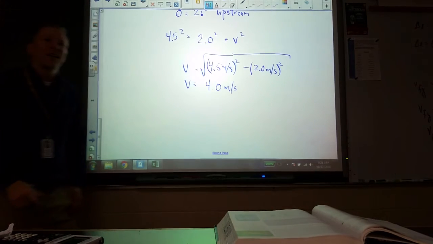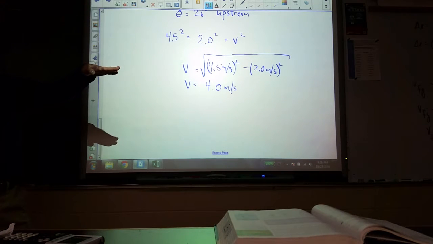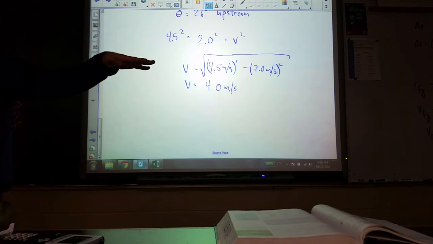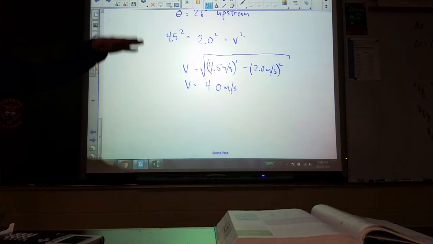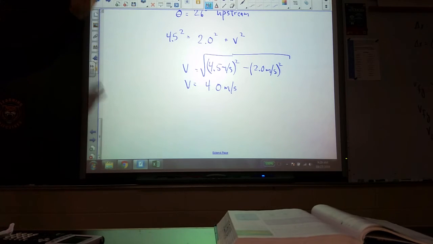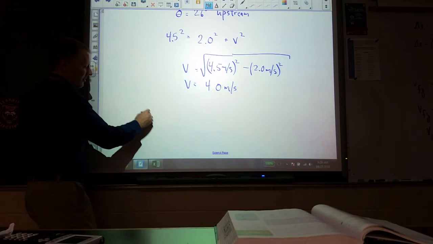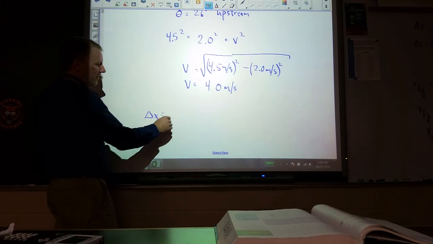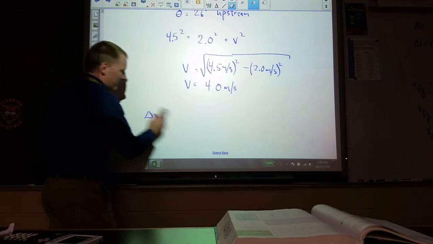Now it becomes just like our last problem. We're going 4 meters per second across 150 meters. That's going to take almost 40 seconds. We're going straight across, so we don't have to worry about a delta y. Oops, we know the delta x.